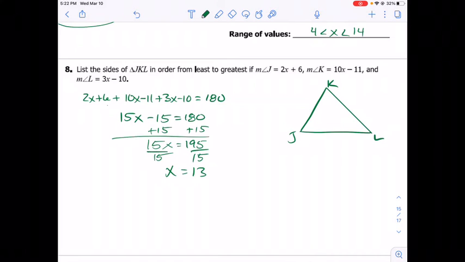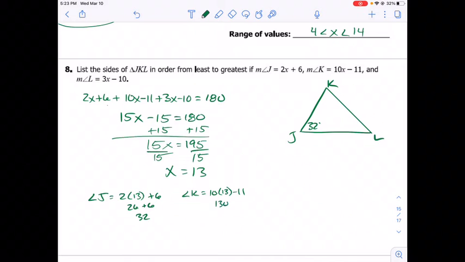So now we need to go back and plug these in. The first angle here, angle J, is equal to 2 times 13 plus 6. That's 26 plus 6, which is 32. So J is 32. Angle K is equal to 10 times 13 minus 11.